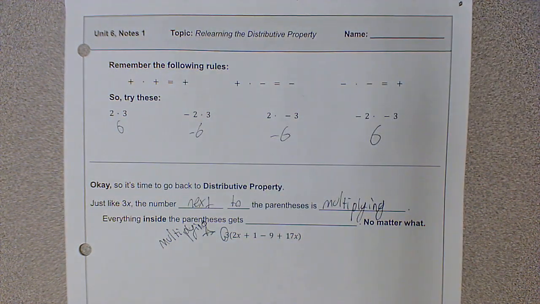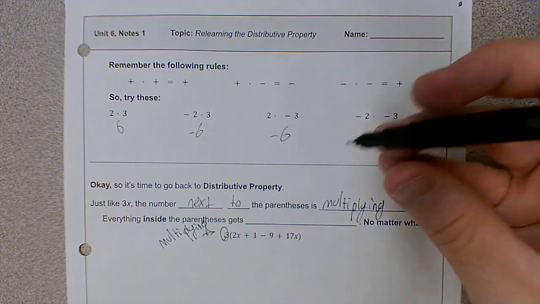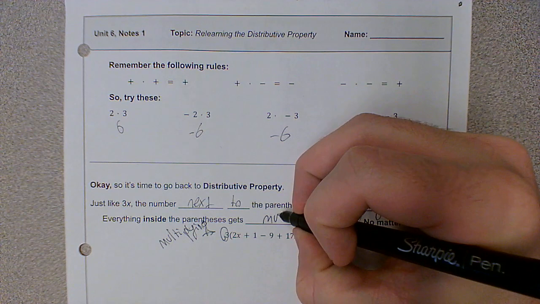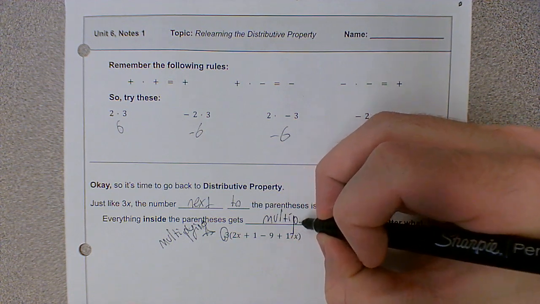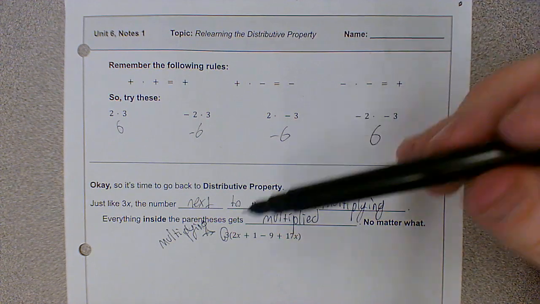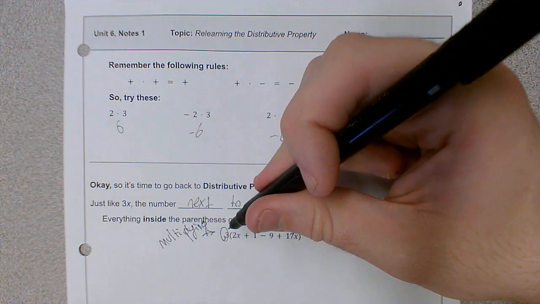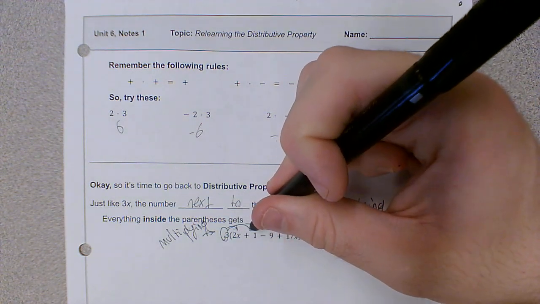Okay? Now, when that happens, everything inside the parentheses also gets multiplied, no matter what. So, since this 3 is multiplying, and everything inside gets multiplied, when I distribute, I just multiply everything by 3.